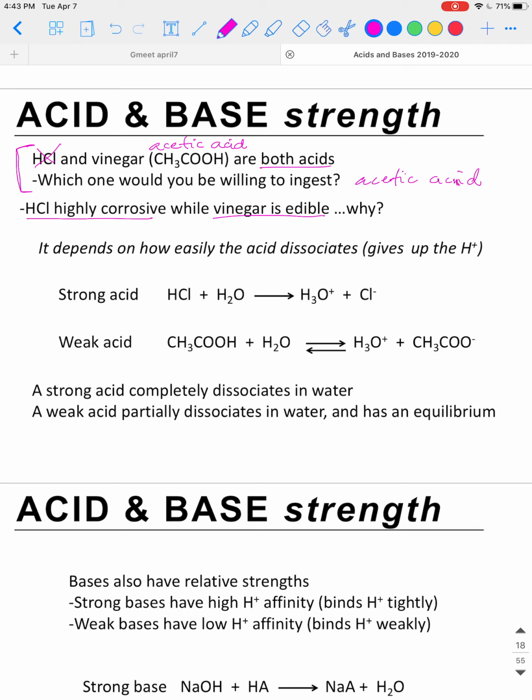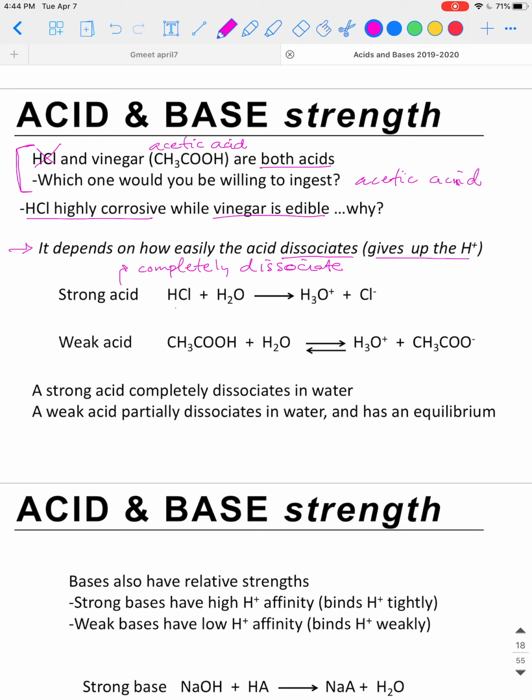So this all boils down to acid strength. And what really answers this is it all depends right here on how easily the acid, and we're going to use this word, disassociates. What we mean by that is how easily the acid gives up the hydrogen ion. Okay? Strong acids completely disassociate. All right?